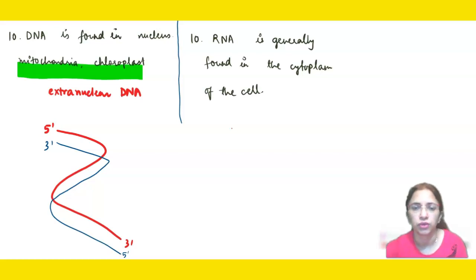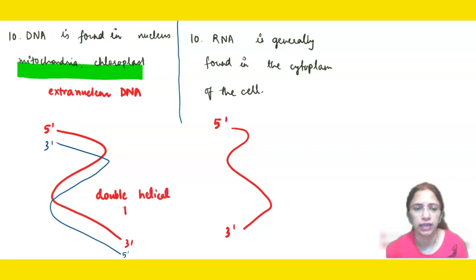Whereas if you are drawing RNA, you can draw a simple structure from 5 prime ending to 3 prime. So this is your double helical DNA and this is your single-stranded RNA.